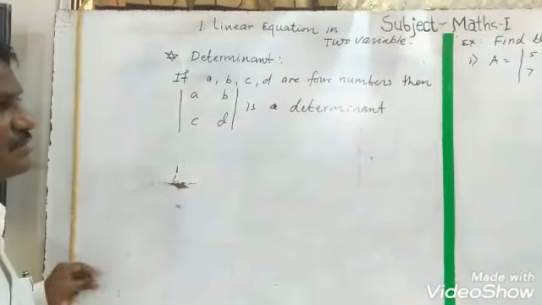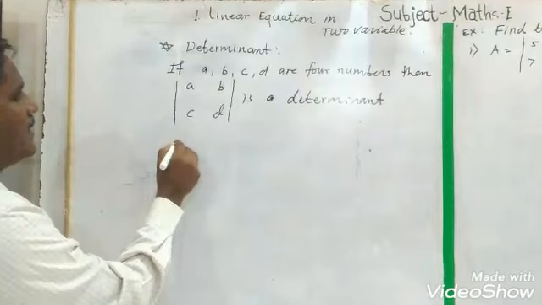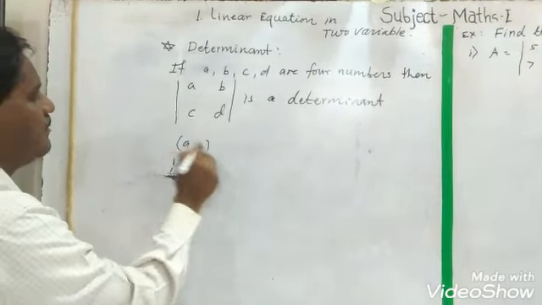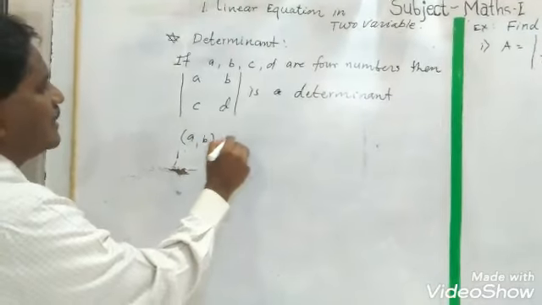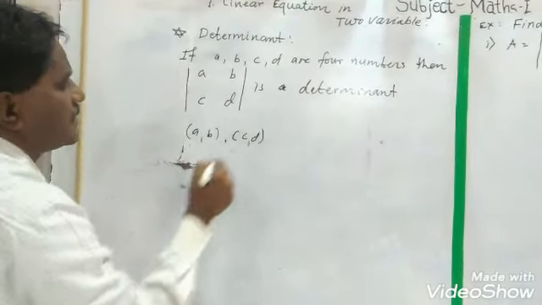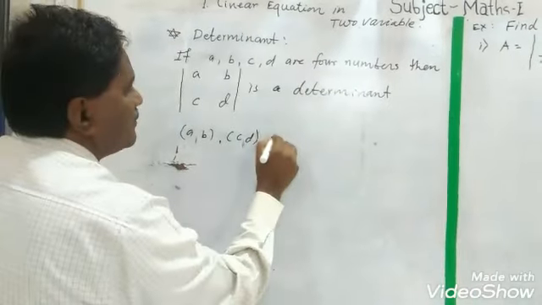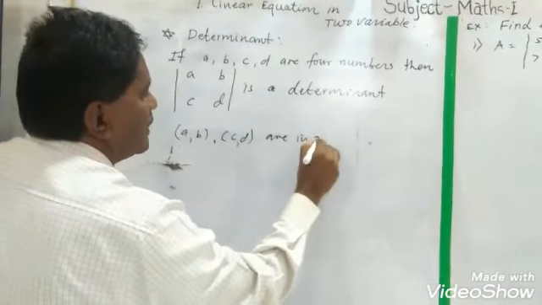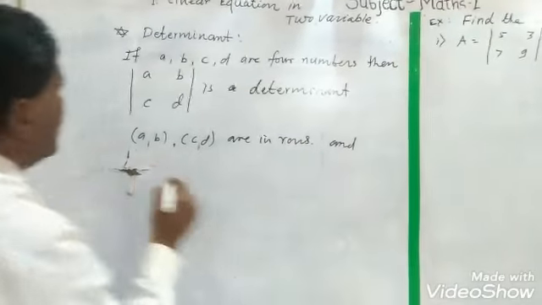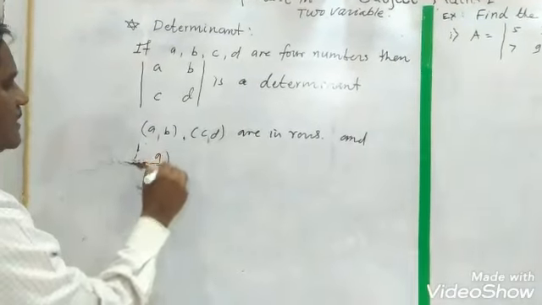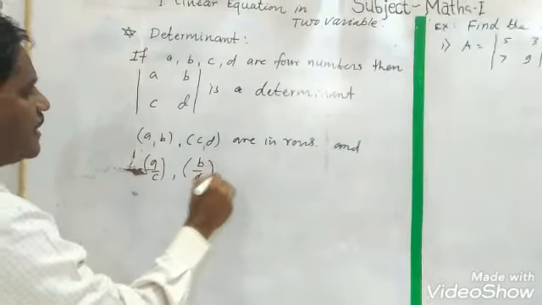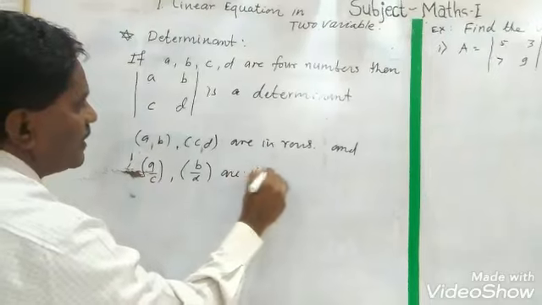याला निश्चयक असे म्हणतात. So therefore that is A, B, C, D. A, B are in rows, and A by C, B by D are in column.